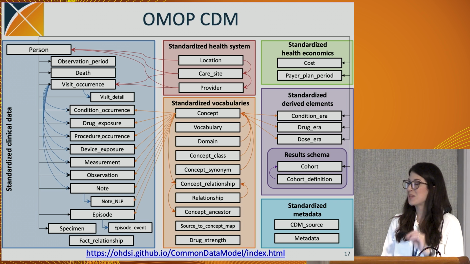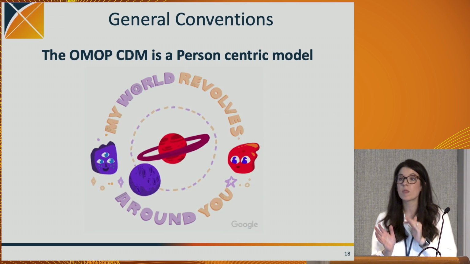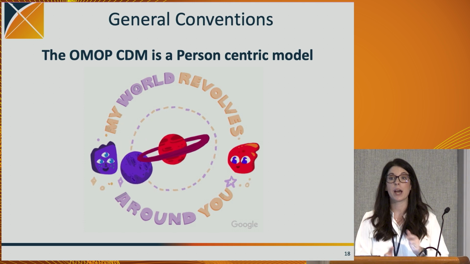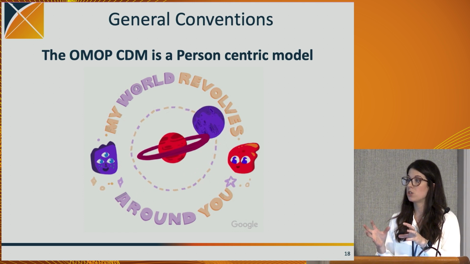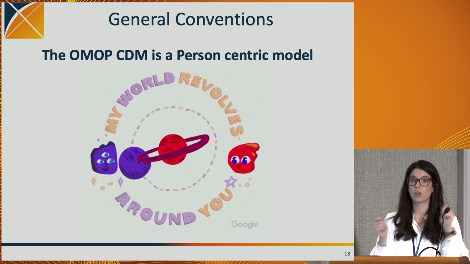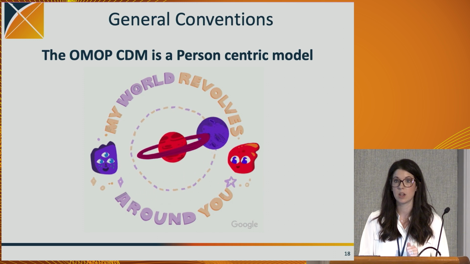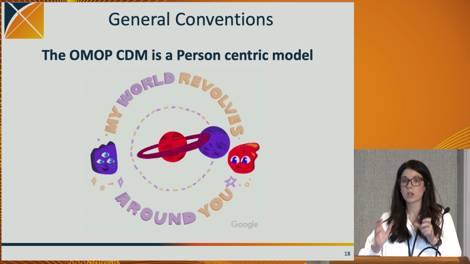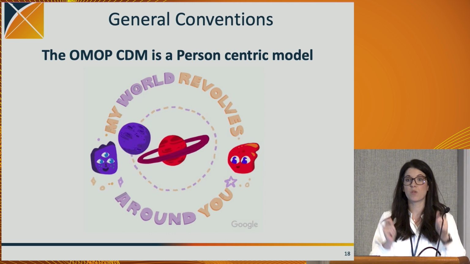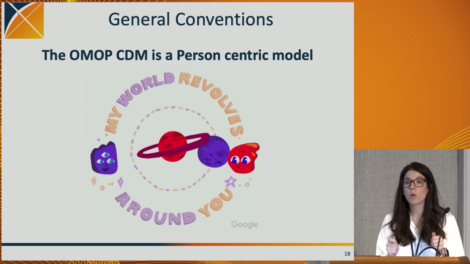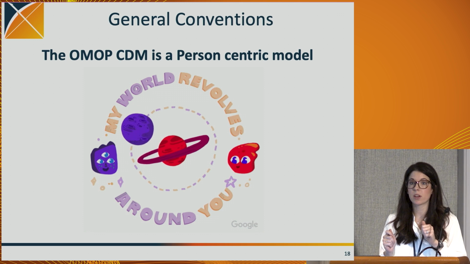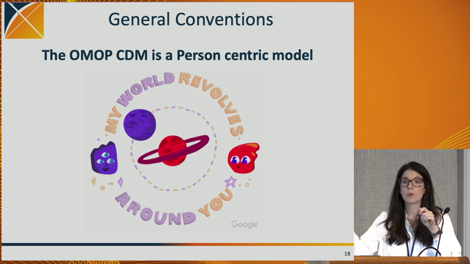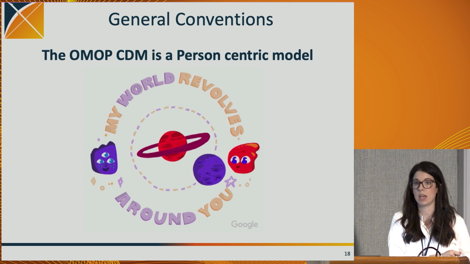The OMOP CDM is a person-centric model. If there's one thing you need to know about the OMOP CDM, it is person-centric. As Patrick said yesterday, what we're trying to do is associate clinical facts to a person. Now, the structure of the CDM is really so that we know where those facts are going to go, we know where to find them, and the vocabulary says, hey, I see that you had a condition, you should put this clinical fact in the condition table.